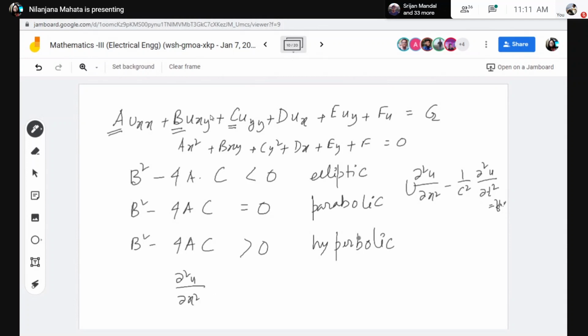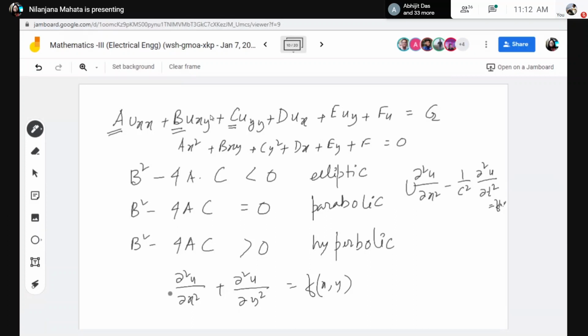Hyperbolic. This will be hyperbolic. And what will be this? 1, 1. This will be negative. This will be elliptic, right?